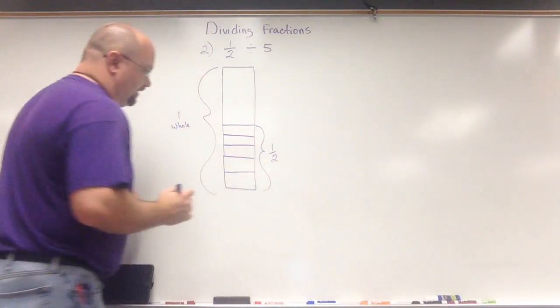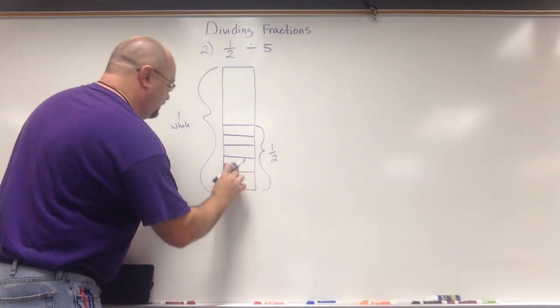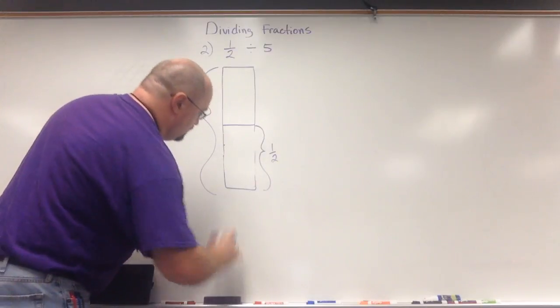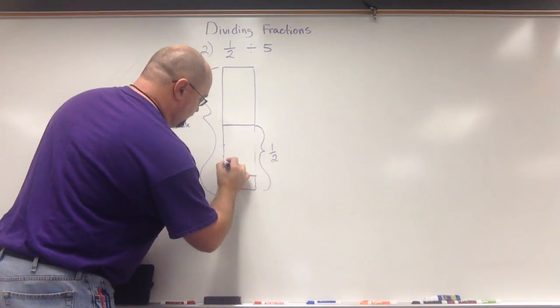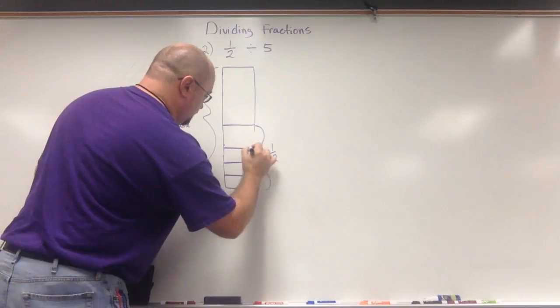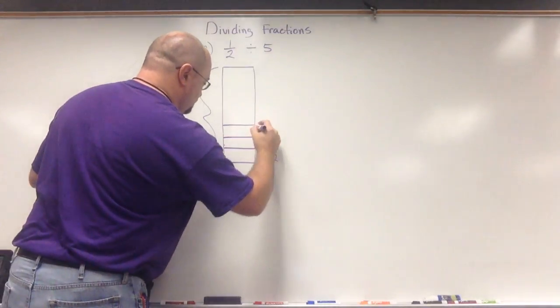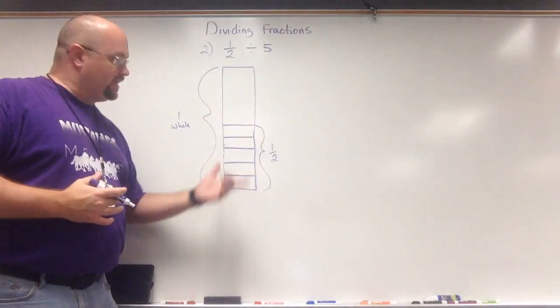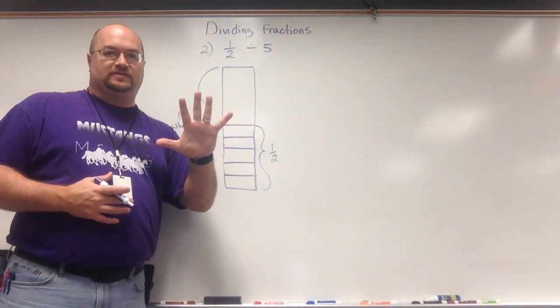My pieces are not exactly even. I don't like that. I'm going to redo it. All right, so let's see if I can draw this a little bit better. Have these be a little more even. That's a little closer. All right, so now I've separated my 1/2 into 5 pieces.